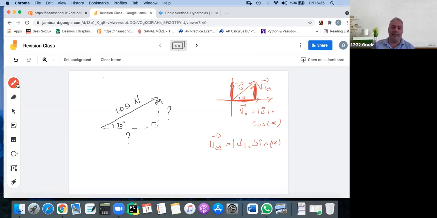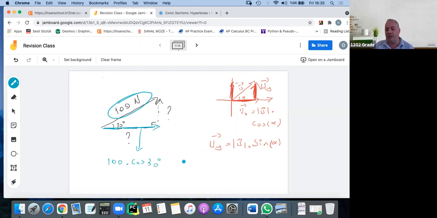If we apply this theoretical approach to our question, our vector has on the horizontal direction this length. So in order to find this length, I will say that length of the vector, which is the magnitude given, 100 times cosine of 30 degrees.